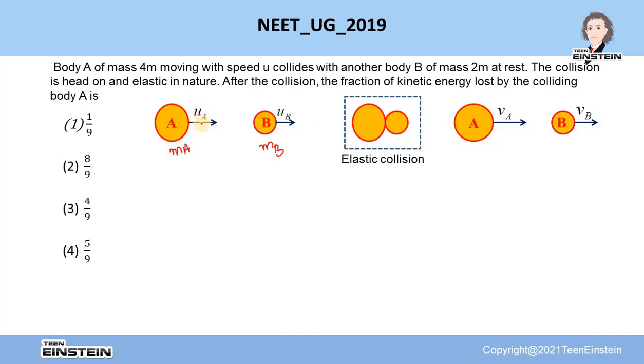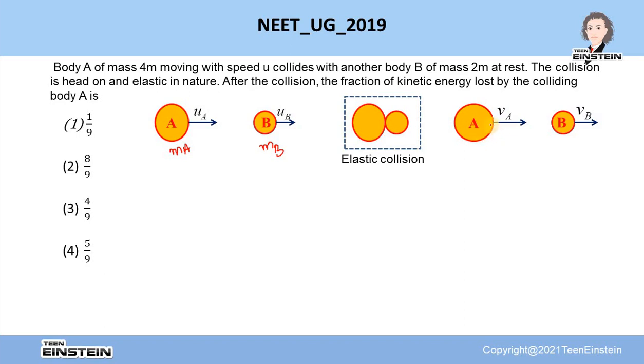We know the initial speed UA, therefore we will be able to calculate the initial kinetic energy, and we have to take the difference and divide that difference by the initial kinetic energy. That is called the fractional loss of kinetic energy of the object A. So the main agenda will be to find out the velocity of the object A after collision.